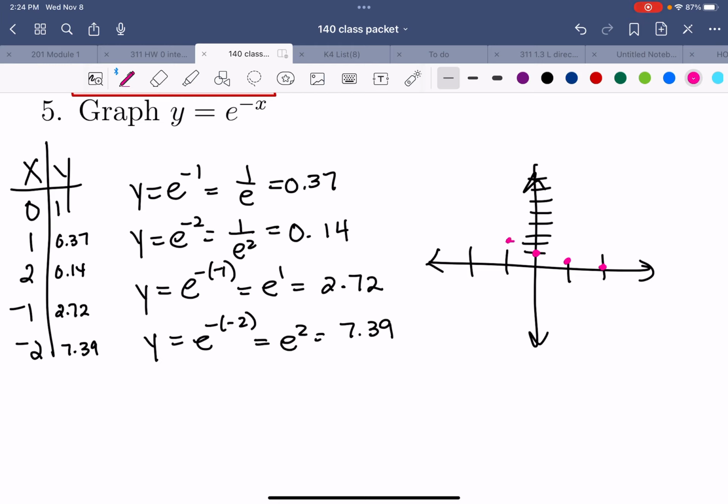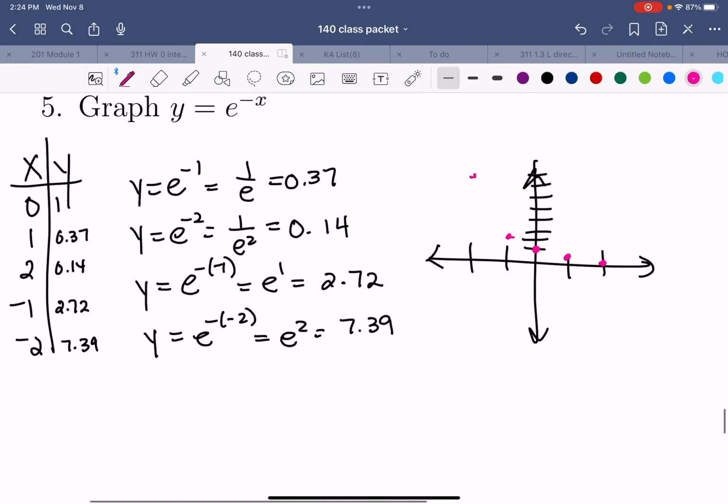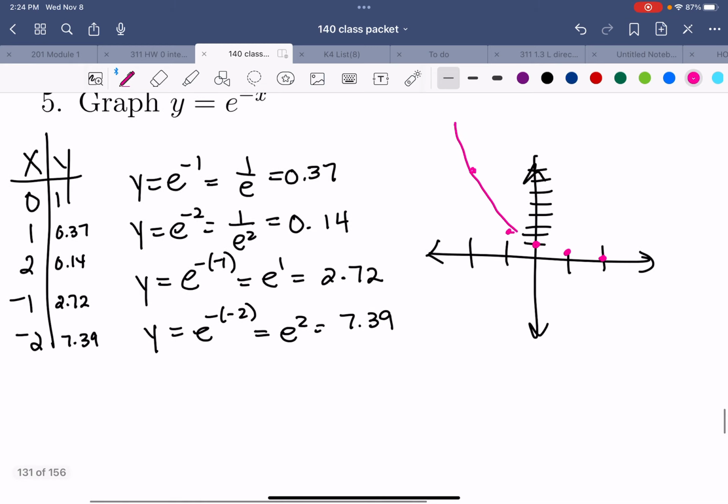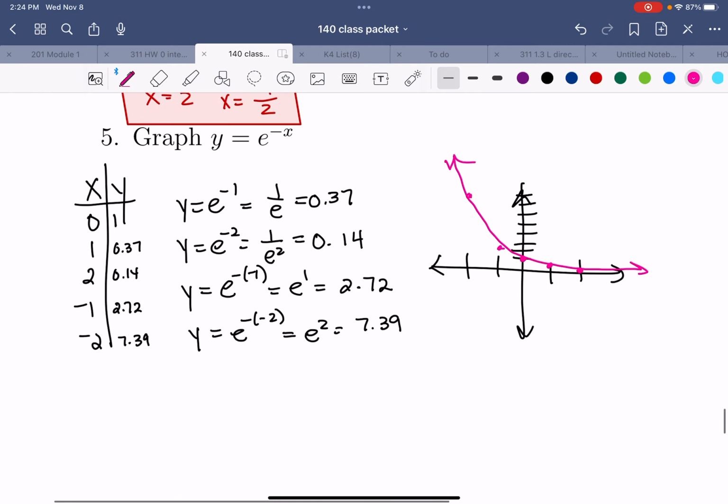And then at -2, we're at 7, so up here. And connect your dots, you get that little swoop going down towards 0. Okay, so notice that the 2 ways that you can get something that decreases from left to right would be if your a is less than 1, or if your a is bigger than 1, but your exponent is negative. Then you end up with something that decreases left to right.